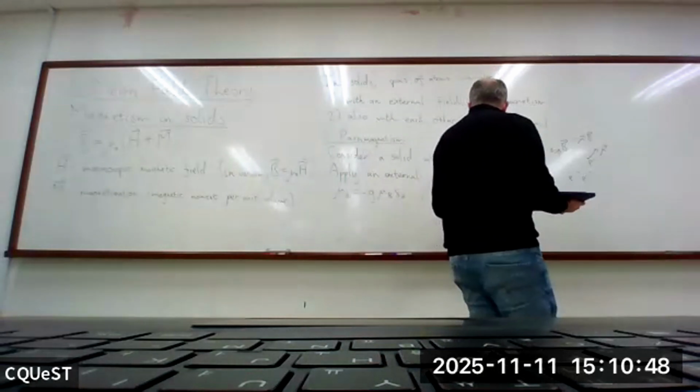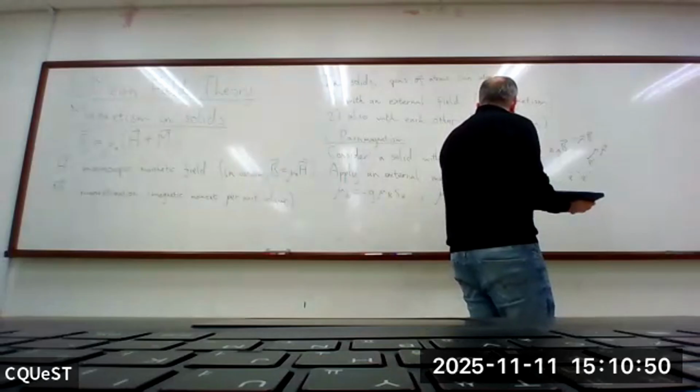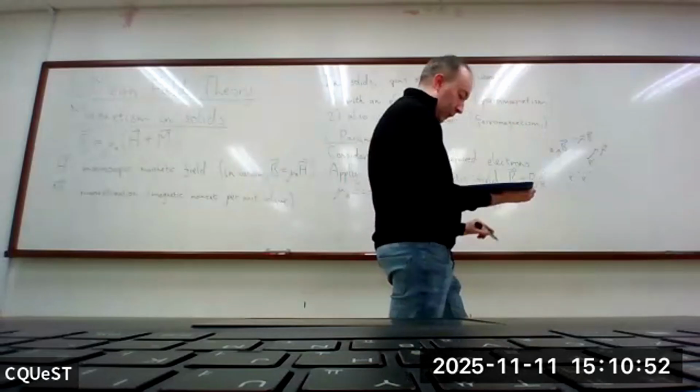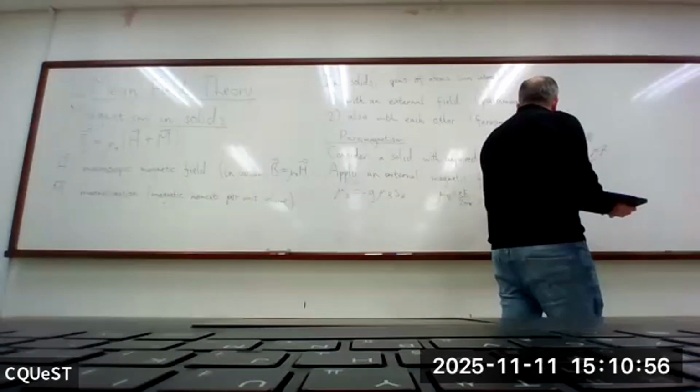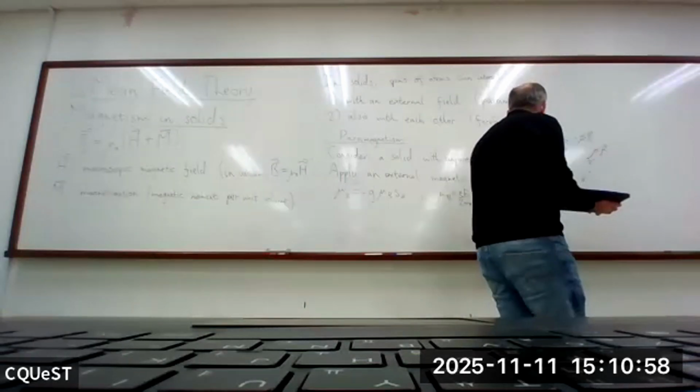The g factor is roughly 2, and of course, the spin in the z direction can be plus or minus 1/2.